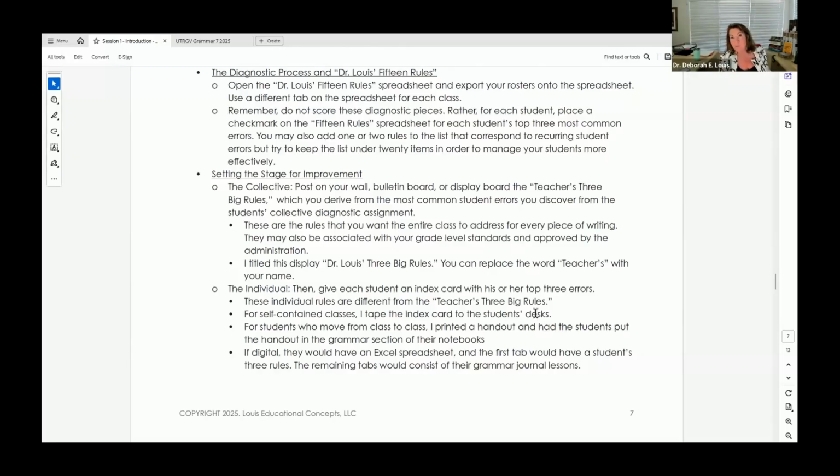In high school, we have to do the spelling and end punctuation and capitalization. We also have to do the fragments, run-ons, and comma splice avoidance.